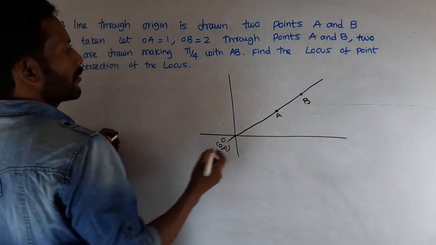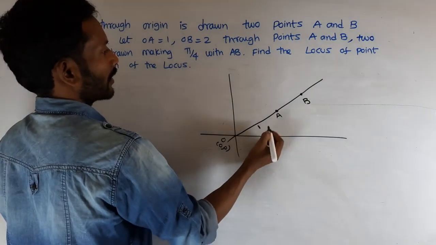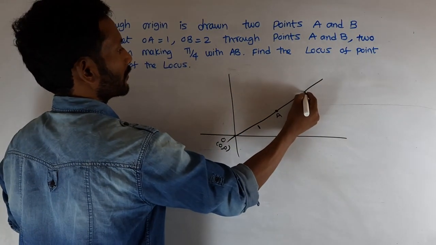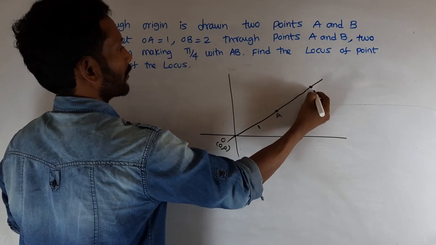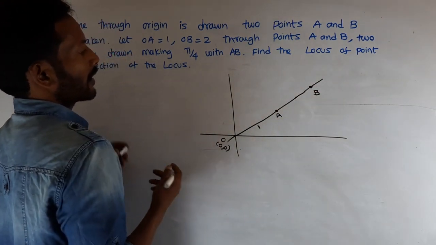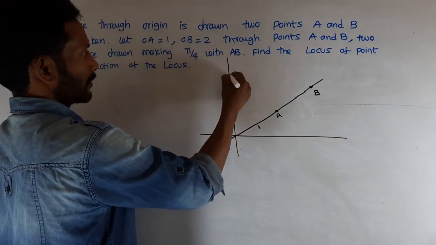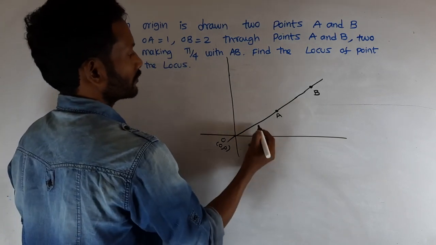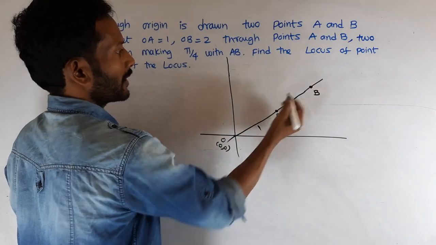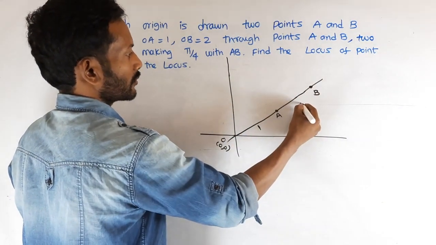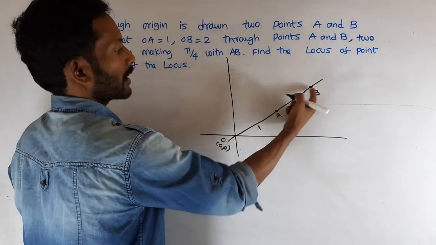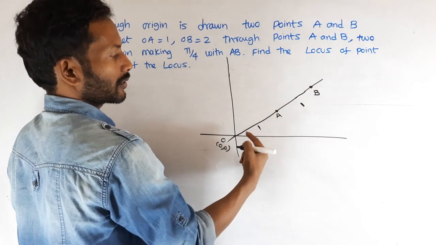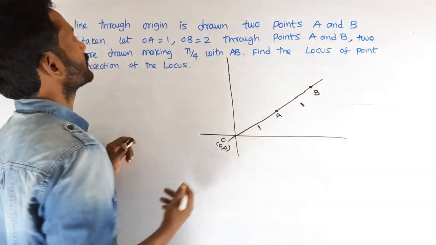Let OA equal 1. OA is 1. Next, OB is 2. OA is 1, OB is 2. 1 plus 1 is 2. OB equals OA plus AB. So 1 plus 1 is 2, OB.